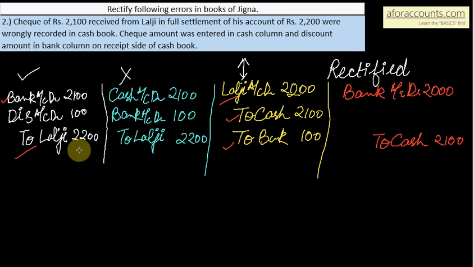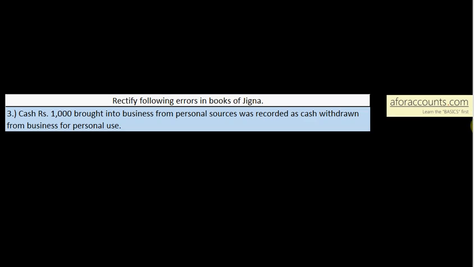So just cancel these two accounts and now what is remaining? Discount account in debit 100. So discount account debit 100. So our rectified entry is bank account debit 2,000, discount account debit 100, to cash 2,100. Okay. Now moving on to the next point of this question.